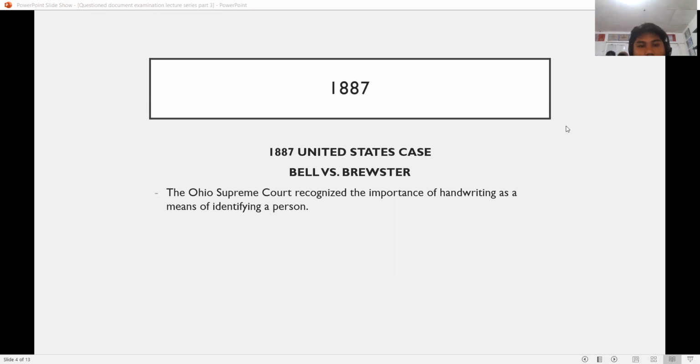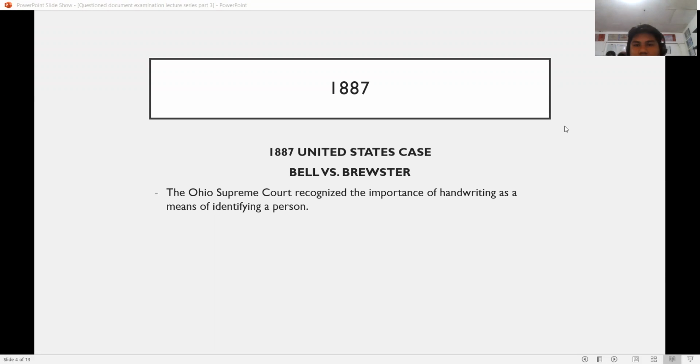Okay, so therefore the writer of this question document or disputed document belongs to Mr. A because there's a lot of similarities between the handwriting of this question document and the handwriting of Mr. A. Okay, so you compare it.